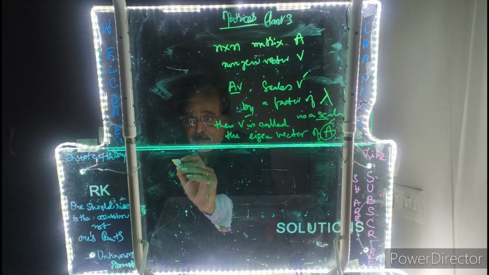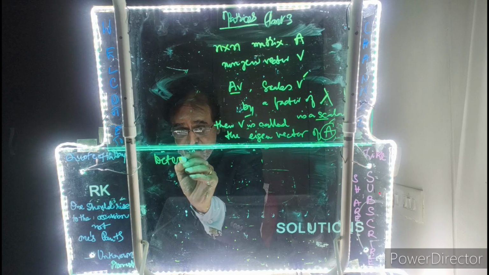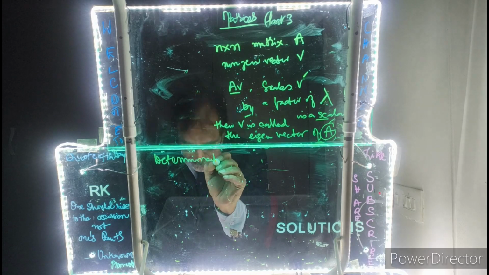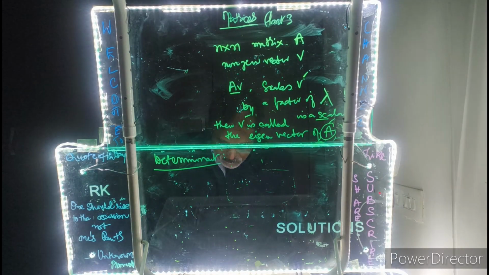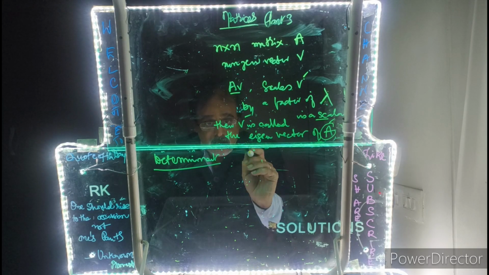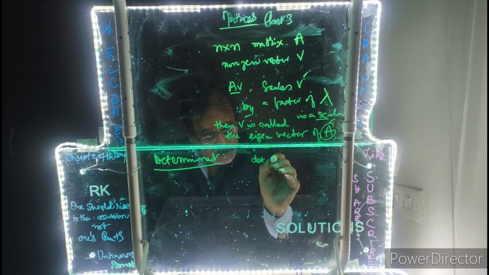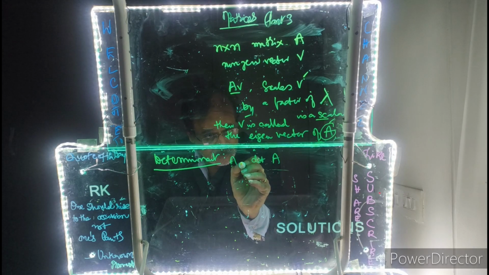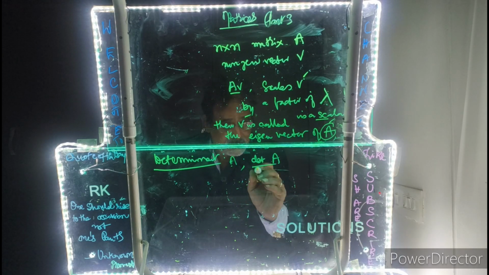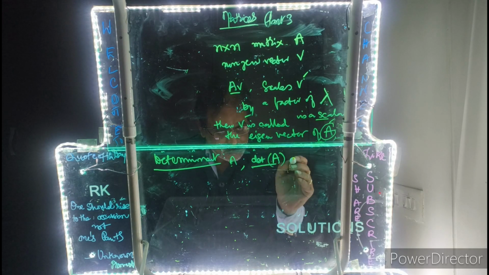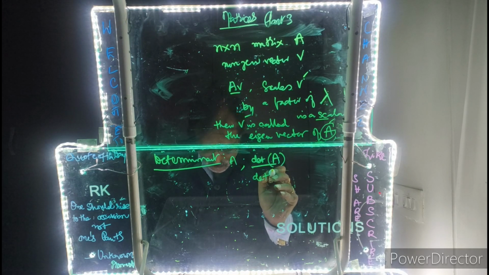Now let us go to the determinant. If A is a matrix, then the determinant is denoted by det A, or even like that.